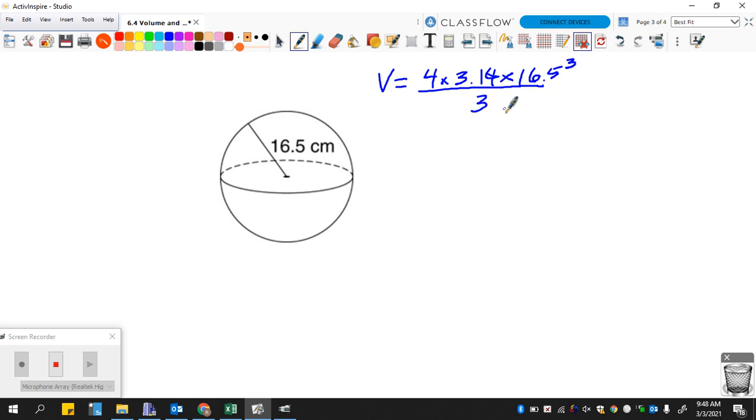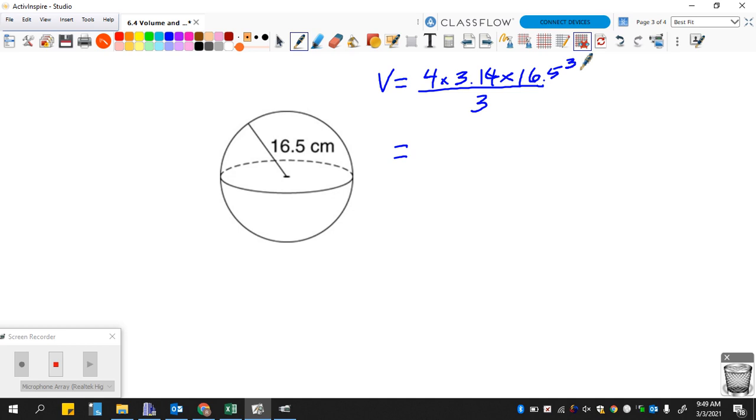Okay, so I'm going to do it all in one step here, and if you want to do it all in one step, it's important that you use the parentheses, because we want to multiply all of this up here first before we divide by 3.